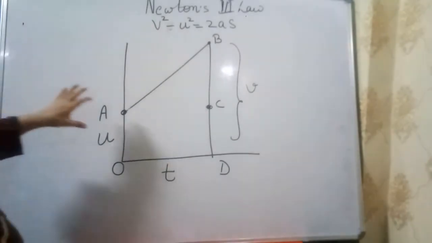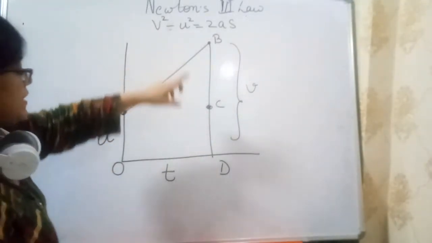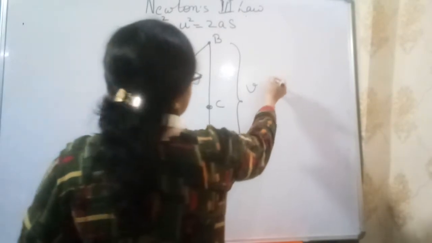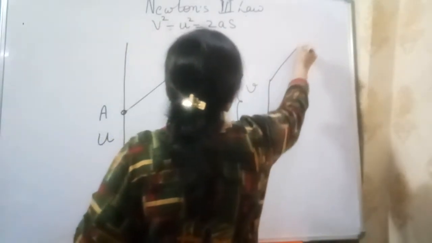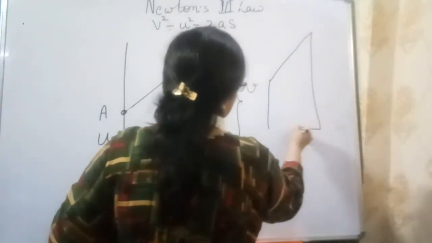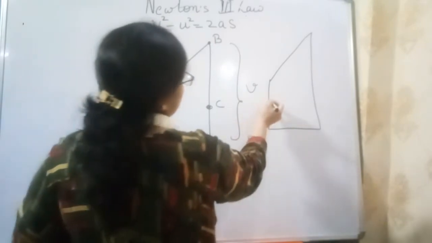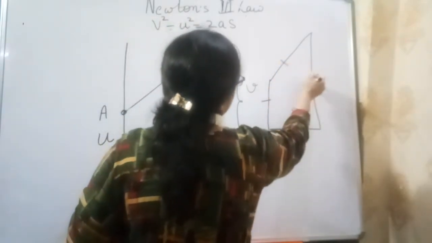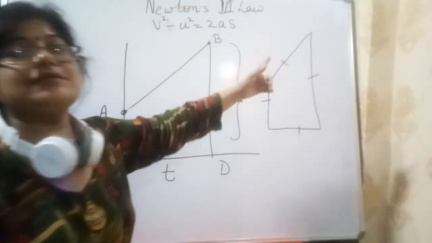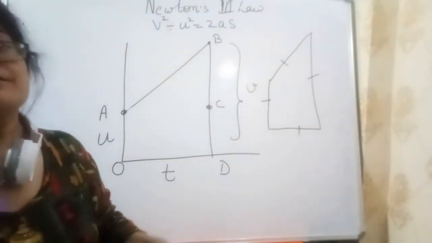We have this figure OABD. It has 4 sides, 1, 2, 3 and 4. This is a type of trapezium.